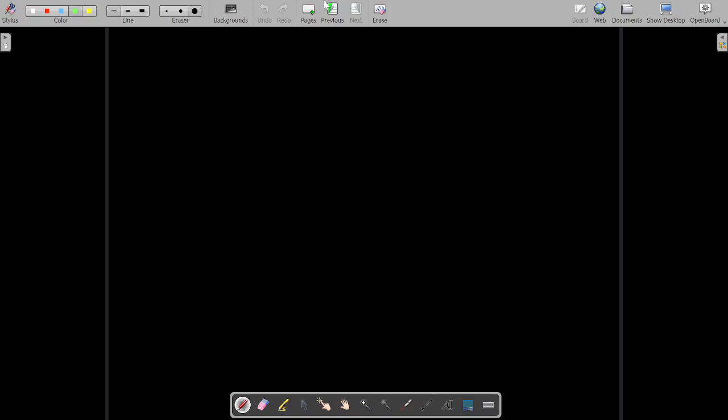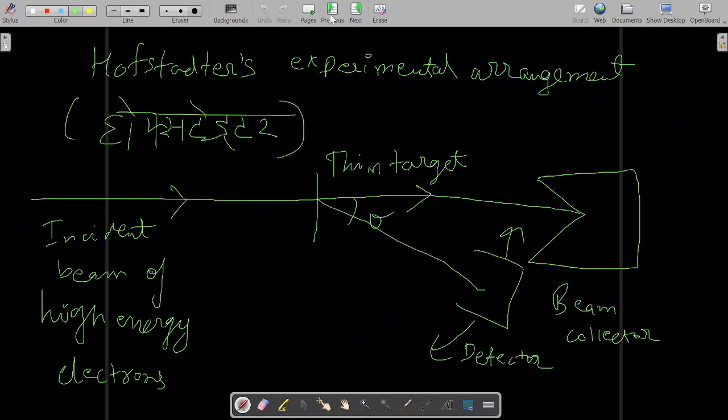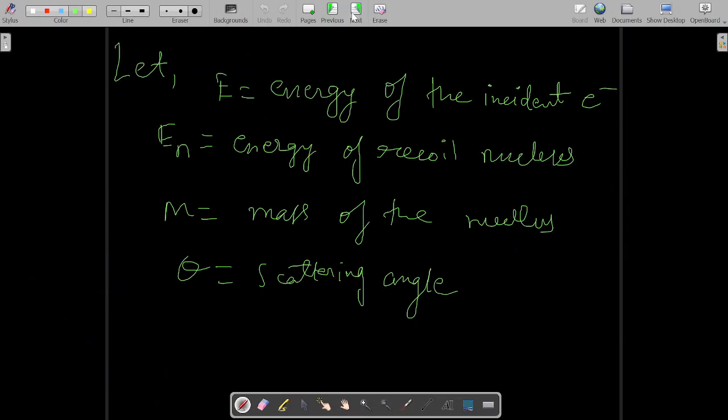The adjacent figure, the Hofstadter experimental arrangement figure. Let me see over here. Yes, so your probability of scattering is something of this kind. You will have to draw these things in your notebook.